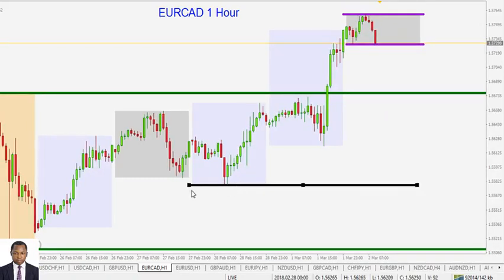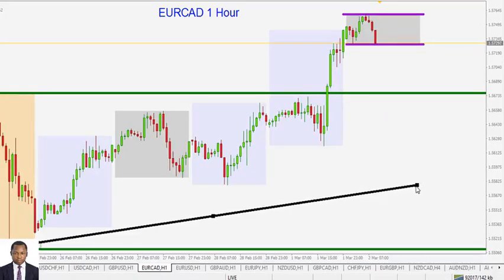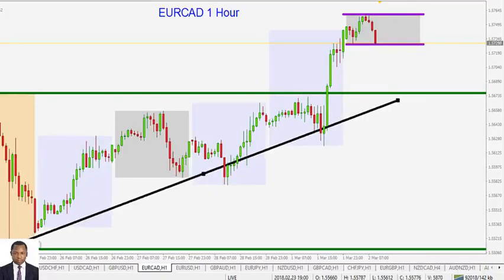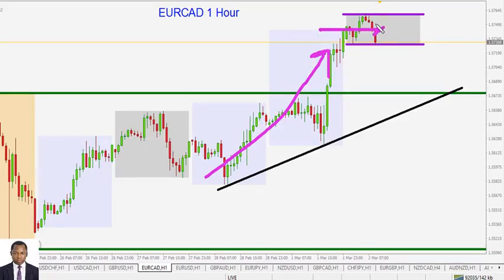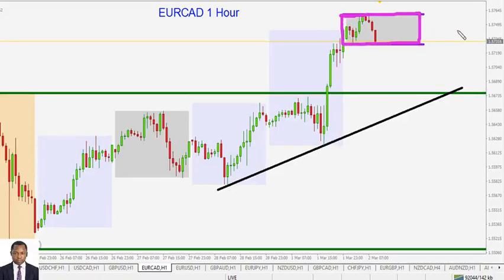Okay, and we have been trending to the upside, although not a very solid trend. So we have this intra-week trend. We are now seeing that sideways Tokyo range. So we'll be following this to see if we can find a valid London open breakout setup of that Tokyo range.